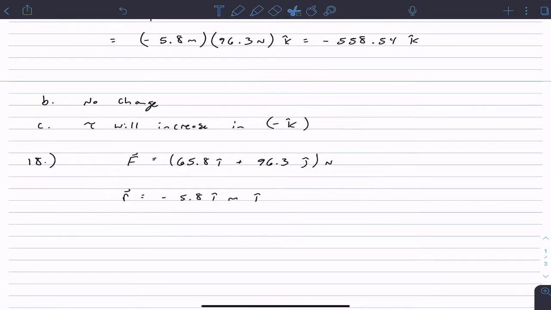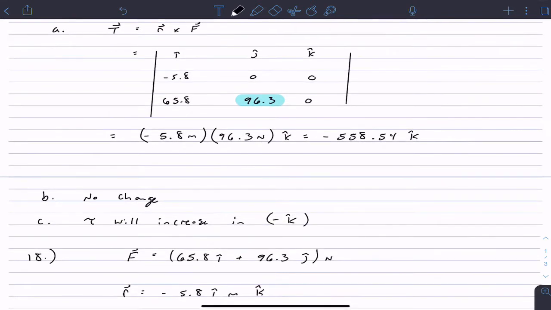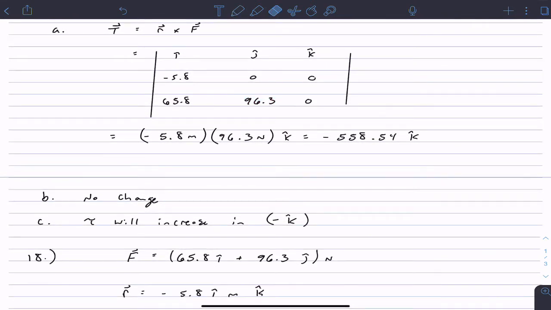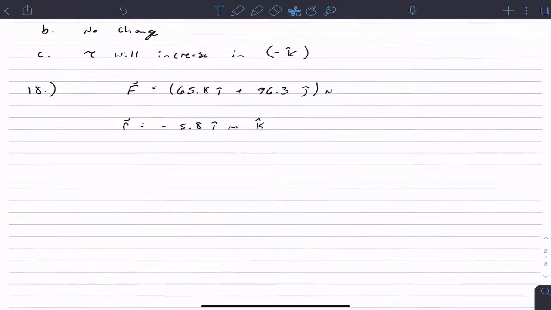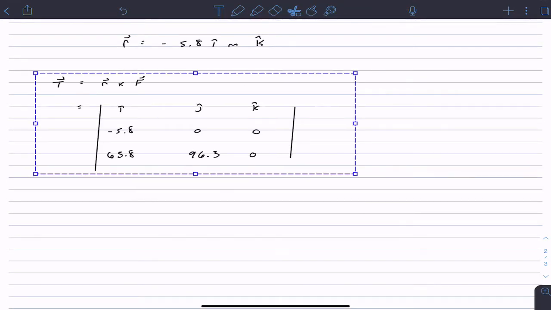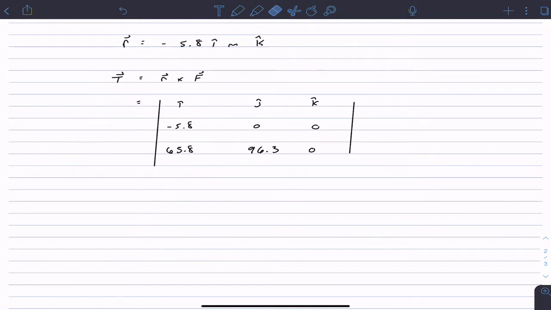The force is exactly the same now, but the position vector is in the k hat direction. So again, we can just take all of this, copy this stuff, because it's the same except for one change, and that change is that now our position vector is in the k hat direction.